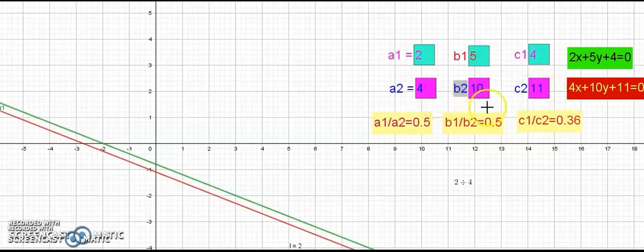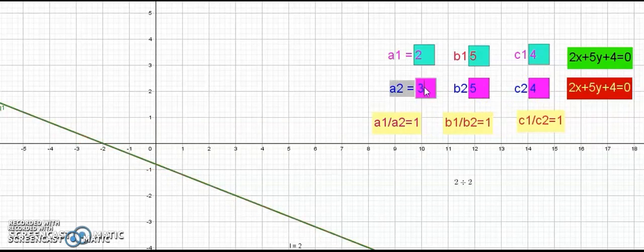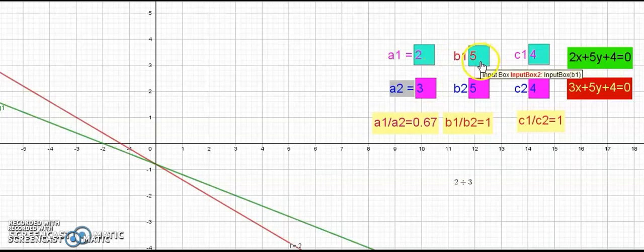Yes, a1 by a2 is equal to b1 by b2 and it is not equal to c1 by c2, then the lines are parallel. Now to make them intersecting, we need to make the ratio different. That is a1 by a2 should not be equal to b1 by b2.